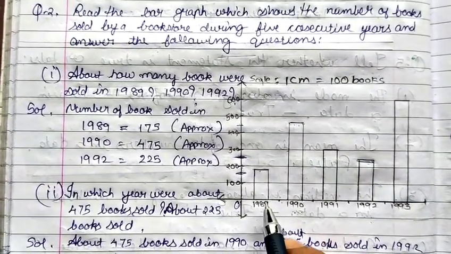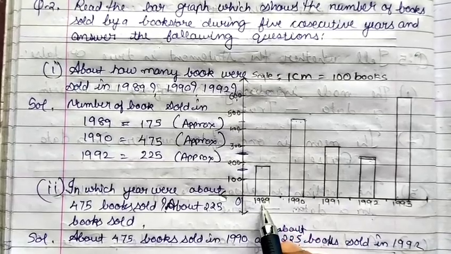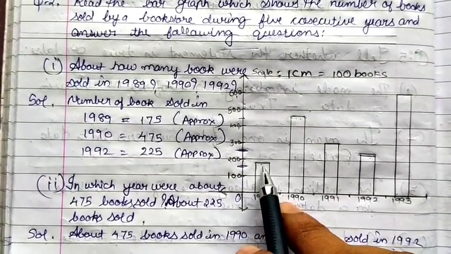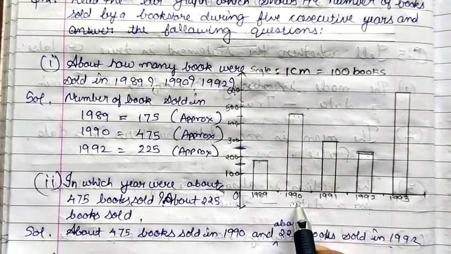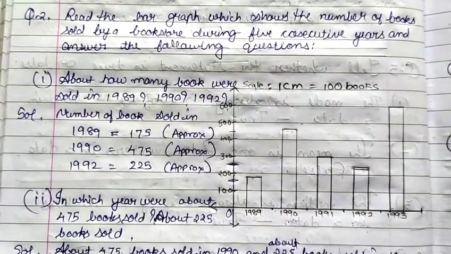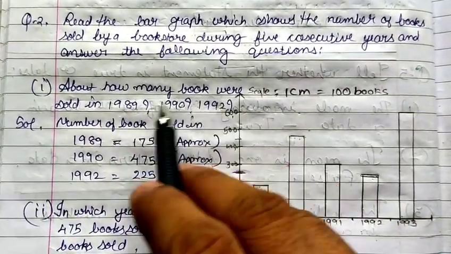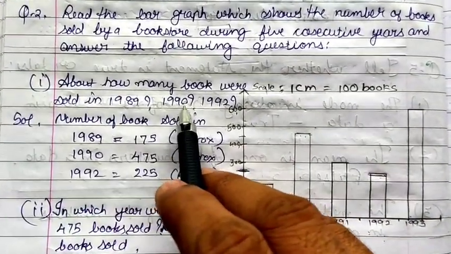First let us observe the graph. Here see, this pillar shows how many books were sold in 1989, and in 1990 how many books were sold. Now the first question is how many books were sold in 1989, 1990 and 1992.